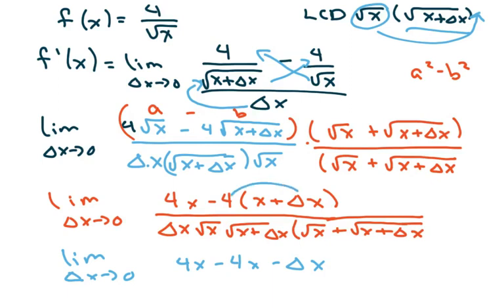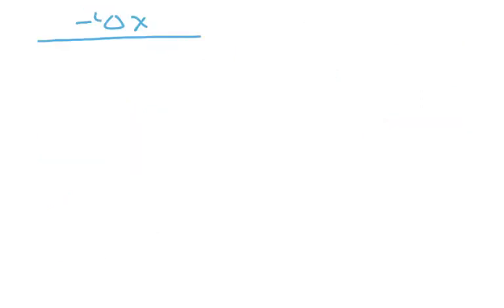Oh, let me go back here. I forgot to distribute the 4, so that's going to be negative 4 delta x. Okay, so we have negative 4 delta x, and then I'm going to do delta x times the square root of x times the square root of x plus delta x, times the square root of x plus the square root of x plus delta x.